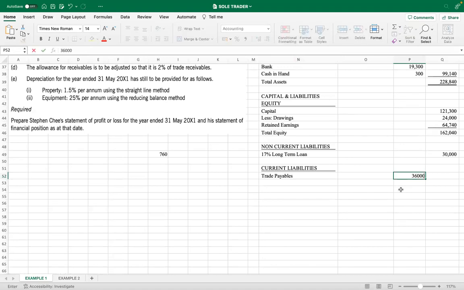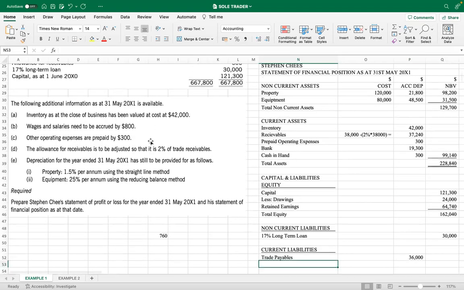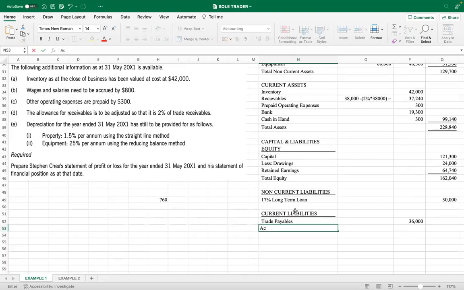We had accrued expenses, accrued wages and salaries.